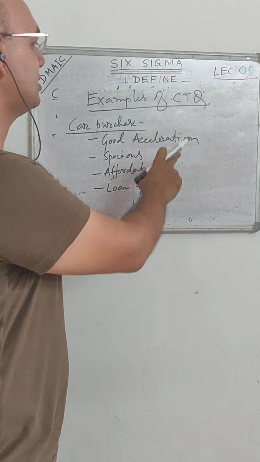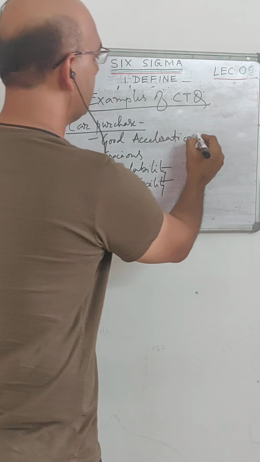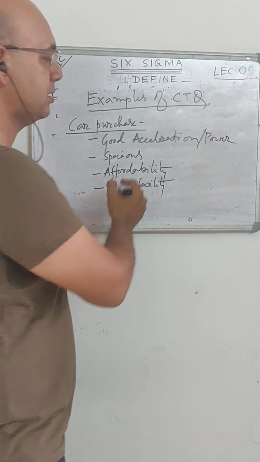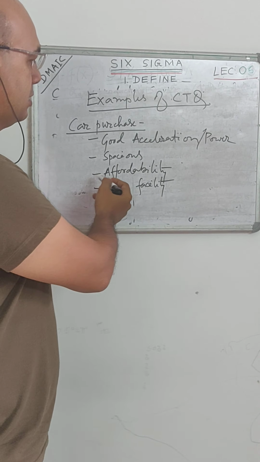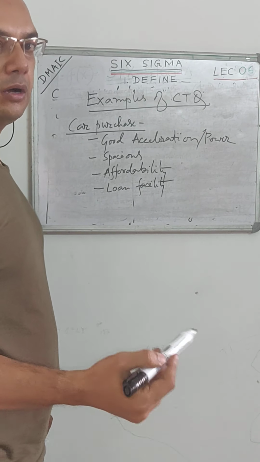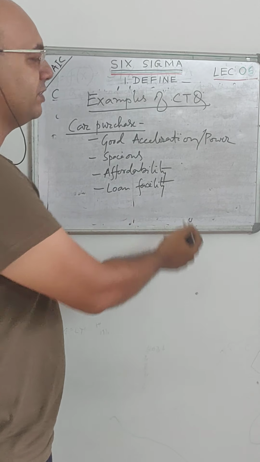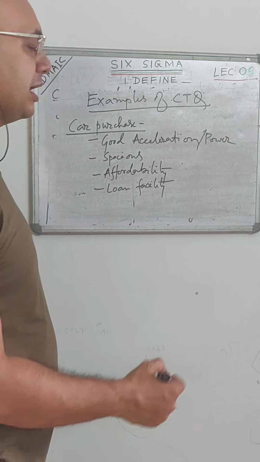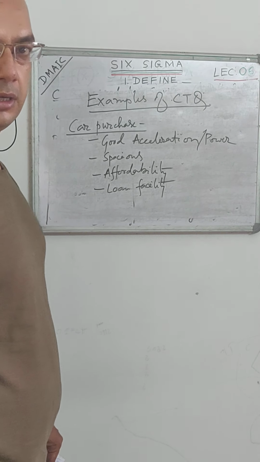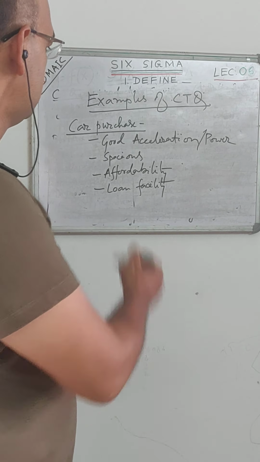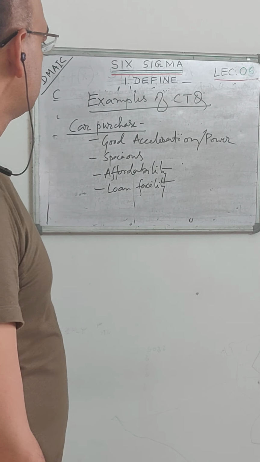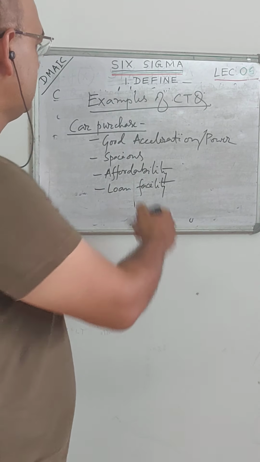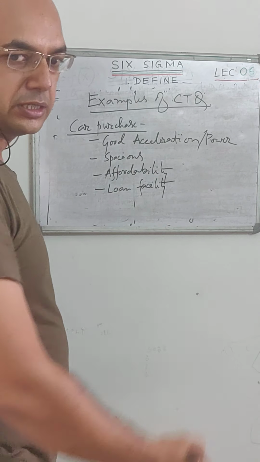One is good acceleration or power. And then the car should be spacious. Then affordability, how costly the car is, and the loan facility. How easily we can have a loan tie-up with banks or other NBFC finance. So for car purchase, these are the deciding factors, or many other factors. This is an example of one CTQ.